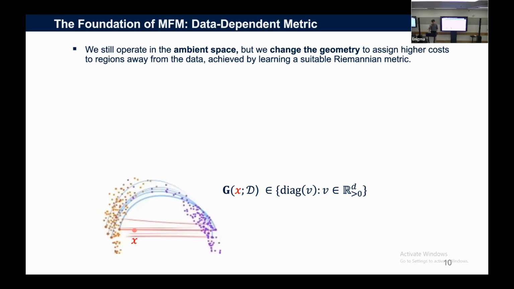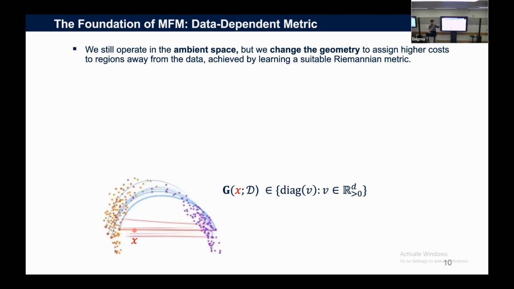So, what's the equivalent approach? When you talk about manifolds, we can talk about changing the ambient space, or we can keep the ambient space fixed, which is Euclidean space, but equip it with a different geometry, which means a different Riemannian metric. Since the data are embedded in Euclidean space, concretely you define a symmetric positive definite matrix at each point in the ambient space, and this is going to be your norm.